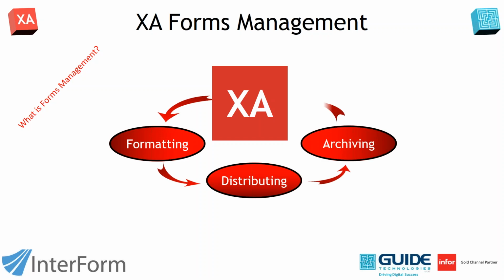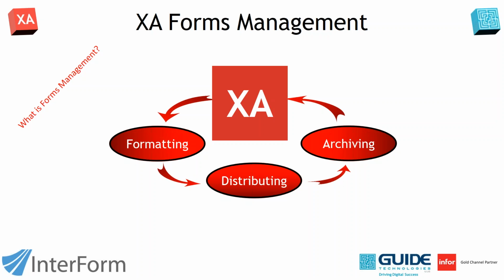So the first question is, what is forms management? As you're looking at these, how do you go about managing your forms, and how do you handle distribution? So forms management is creating a form. If you have pre-printed forms and you are using a dot matrix or an impact printer, you're still creating a form.